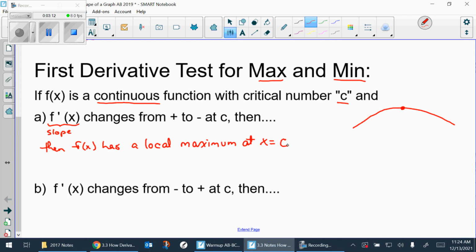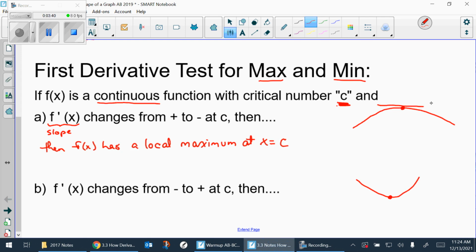And that would make sense when we think about slope changing from positive to negative, something going up turning into something coming down. Or in part B, the derivative changes from being negative, so we are decreasing, to positive, which means we are increasing. Yeah, where that takes place, at that critical number of c, where the slope is 0.